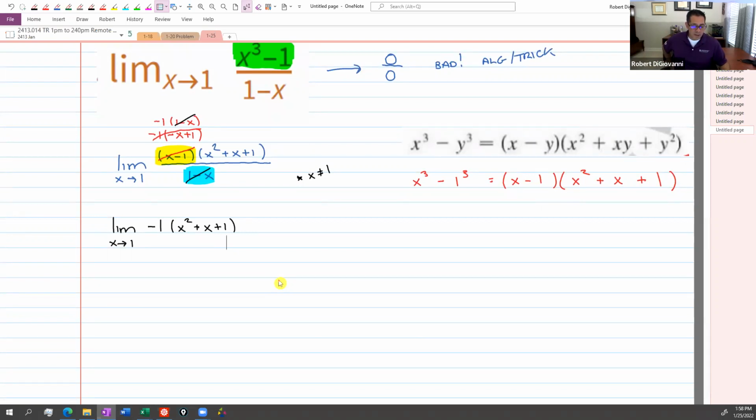Now try direct substitution. Let x go to 1. When we let x go to 1, notice I'm not going to write the limit anymore. I'm just going to let x go to 1. And I get -3 as an answer.